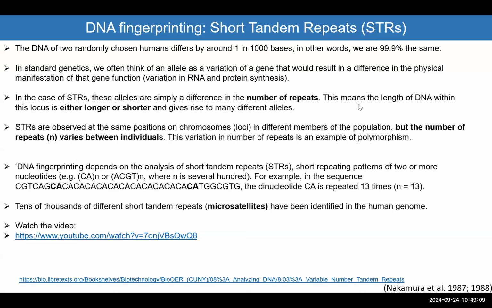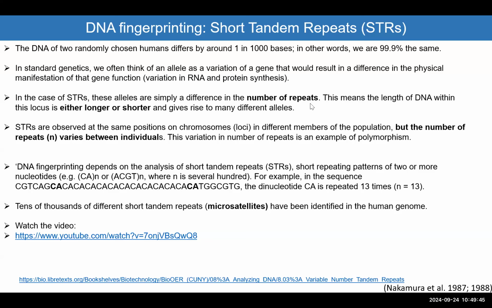One thing you have to keep in mind is that within the non-coding part of the genome, these repeats are flexible. They can become longer or shorter because the DNA polymerase, when you are doing the replication, is not going to be proofreading 100% compared to genes. So most of the time, these STRs can become longer or shorter, which gives rise to many different alleles, and those different alleles are the number of the repeats.